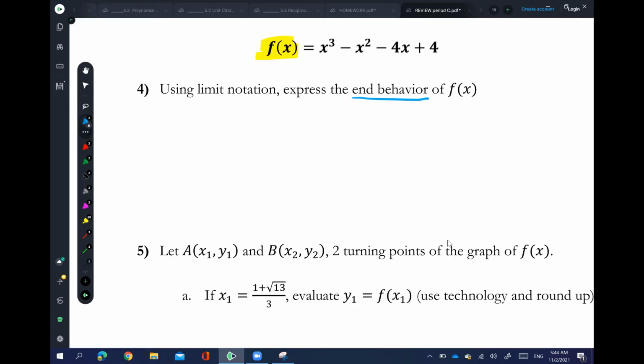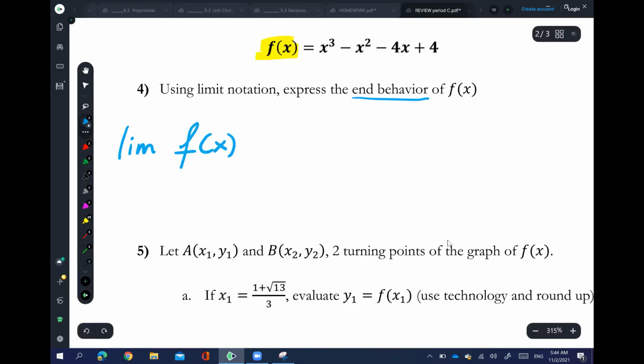So I want to find the limit of f of x as x approaches negative infinity, and also the limit of f of x as x approaches positive infinity.